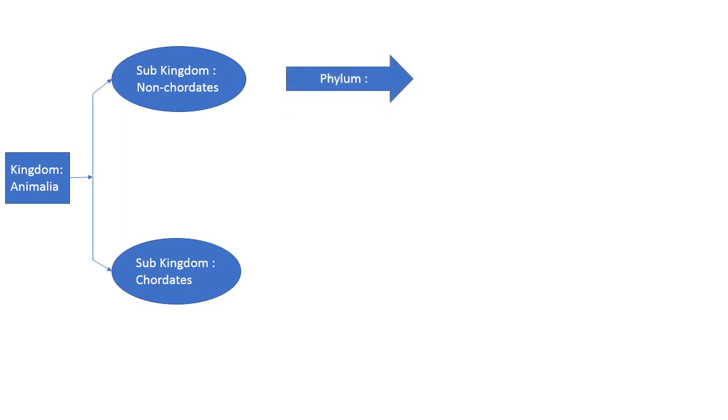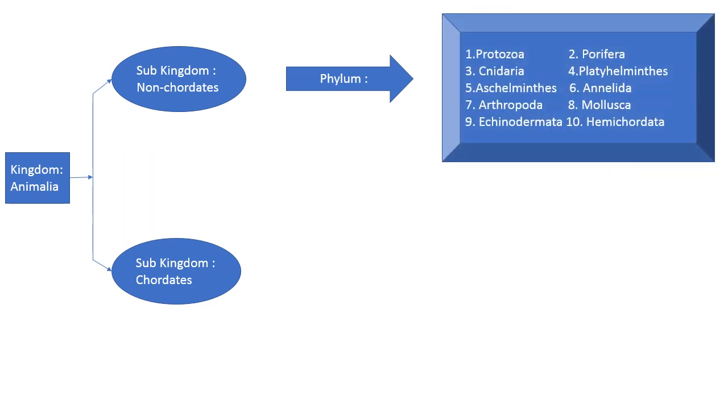Then kingdom subkingdom non-chordates is further classified into phylums, and subkingdom non-chordates has 10 phylums. So first you can see Protozoa, then Porifera, Cnidaria, Platyhelminthes, Aschelminthes, Annelida, Arthropoda, Mollusca, Echinodermata, Hemichordata.